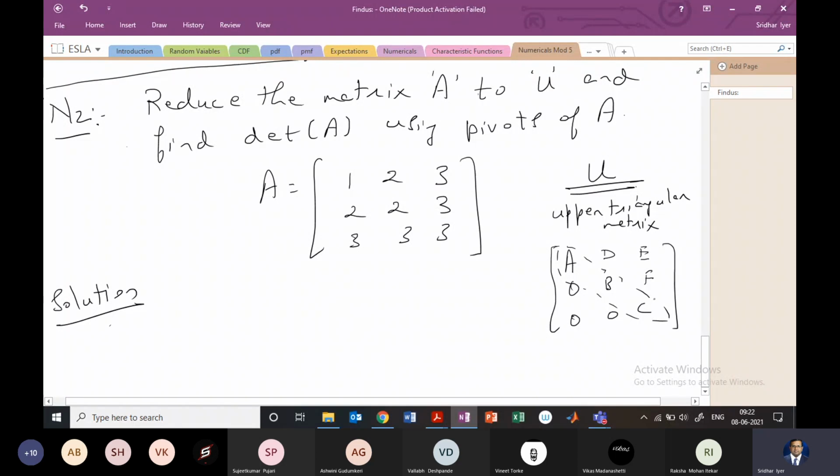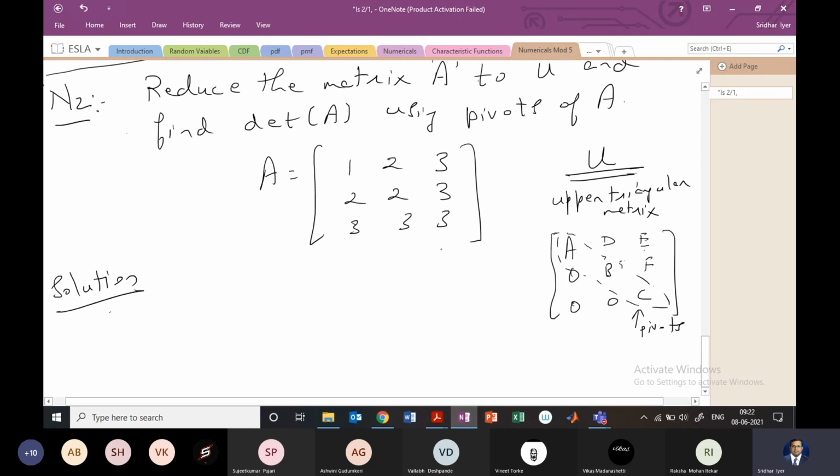And these elements on the diagonal, A, B, and C, are known as pivots. So they expect that you reduce this matrix A to an upper triangular matrix, and then from there find the determinant using pivots of A, right?